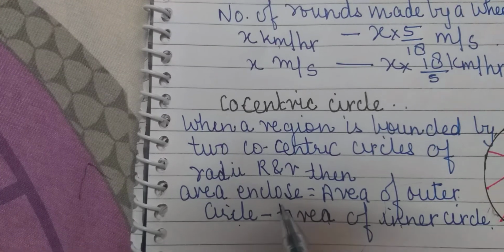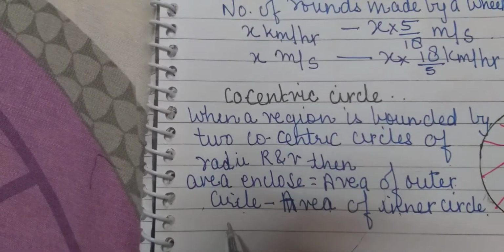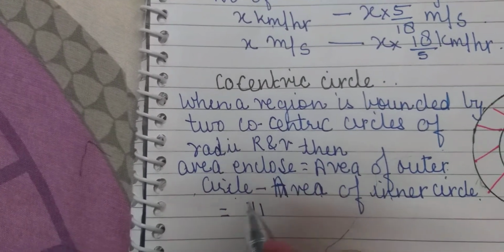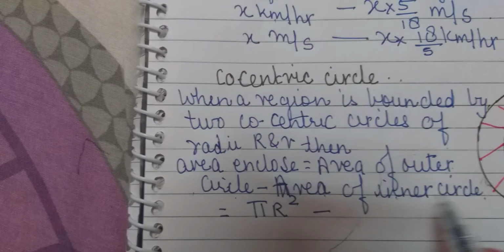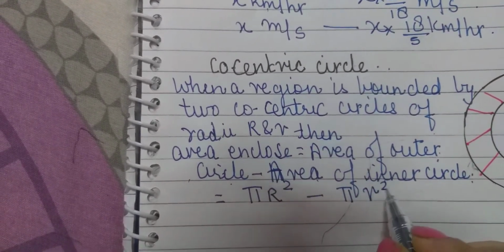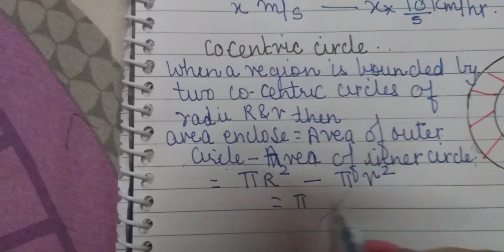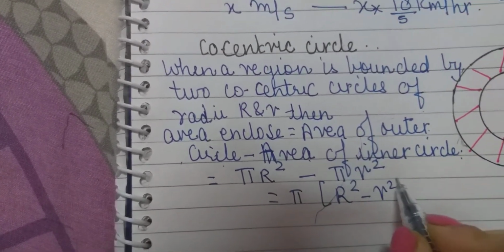Now, you know what is the radius of the outer circle? It is capital R. So area of the outer circle will be pi capital R square minus area of the inner circle, radius is small r square. So take pi common, so it will be capital R square minus small r square, right?